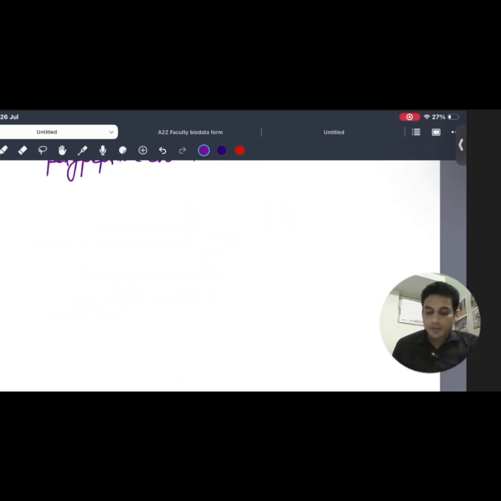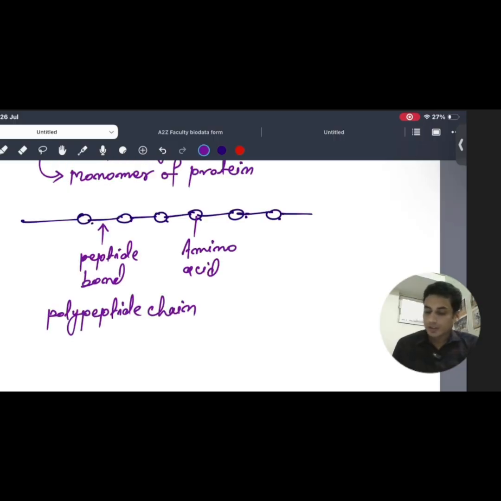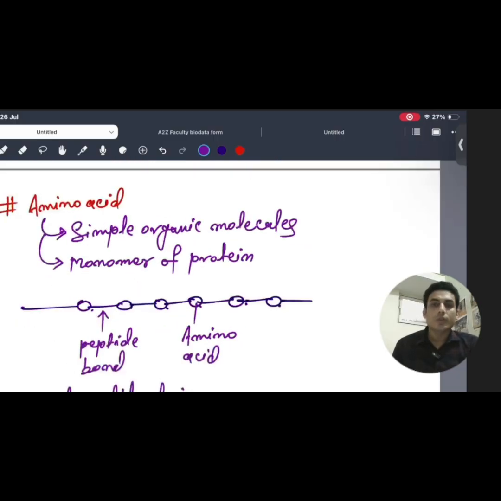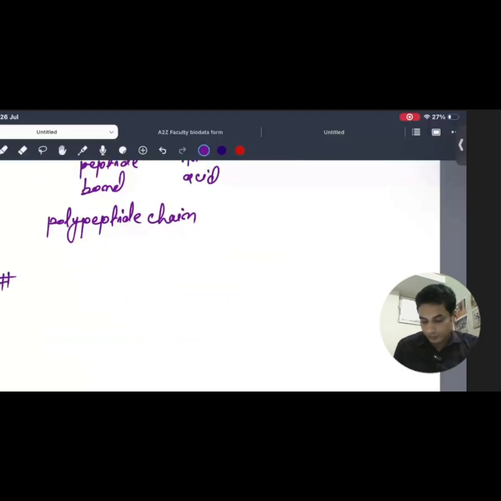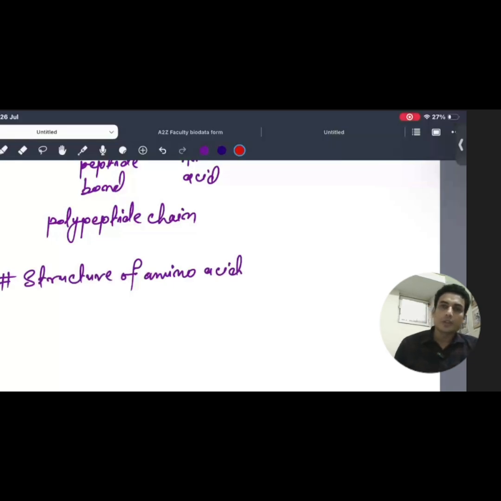If we discuss the structure of amino acid, there are 20 types of amino acid on the basis of their structure. Amino acid has an amino group, a carboxylic group, an H group, and one variable group.